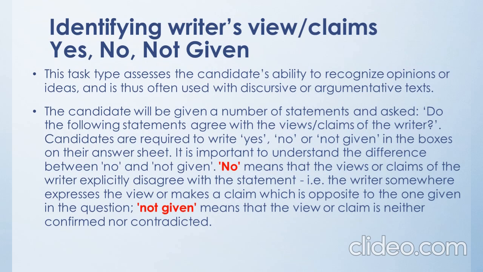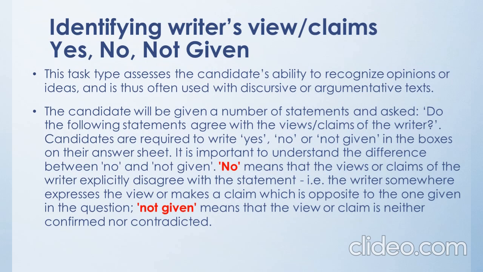You shouldn't write Y or N or NG, right? So try to use the full answer: yes, no, not given. During the practice you can write Y, N, and NG, but in a real test you should write the full answer, just like for true, false, and not given.